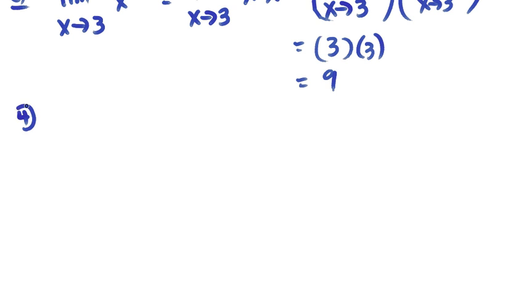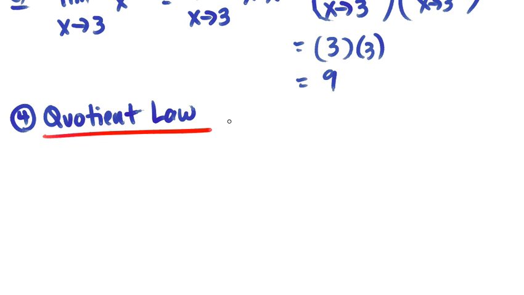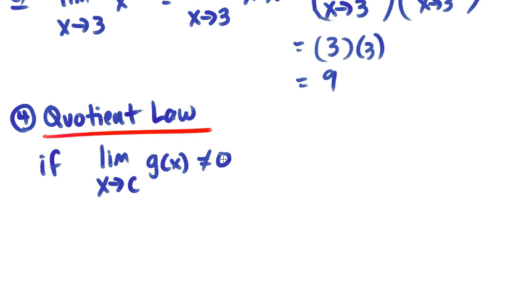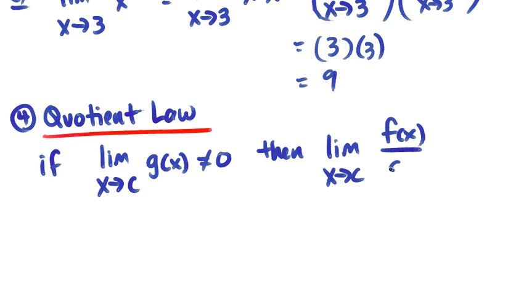Law 4 is similar. It's called the quotient law. And the quotient law states that if the limit as x approaches c of g of x doesn't equal 0, then the limit as x approaches c of f of x over g of x can exist.